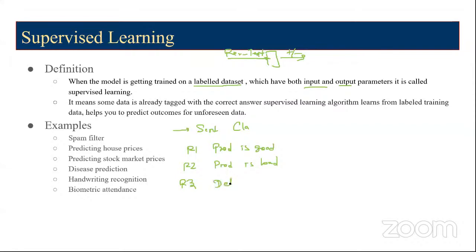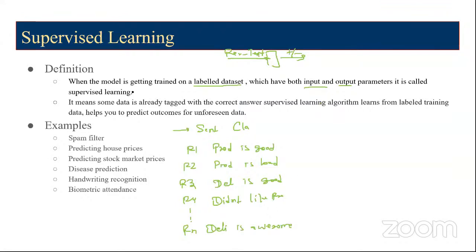Review 3 is delivery is good. Say review 4 is didn't like the product. Similarly, say if we have n reviews and the nth review says delivery is awesome.